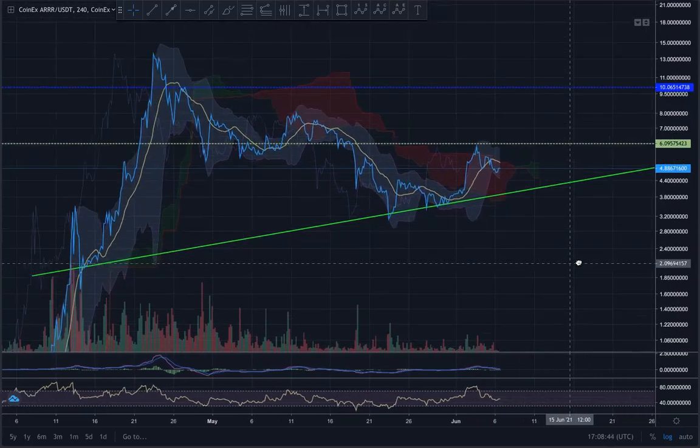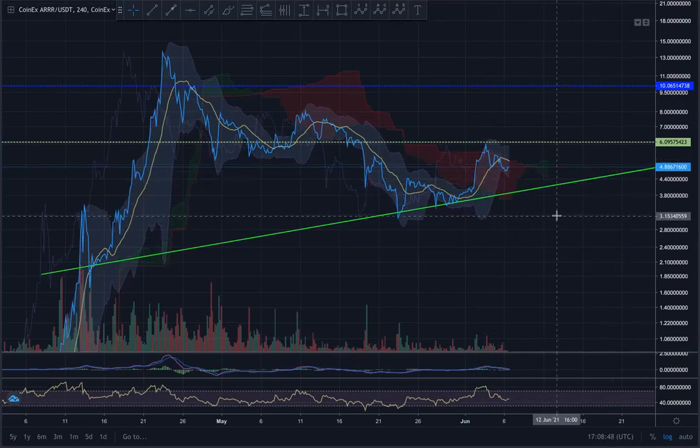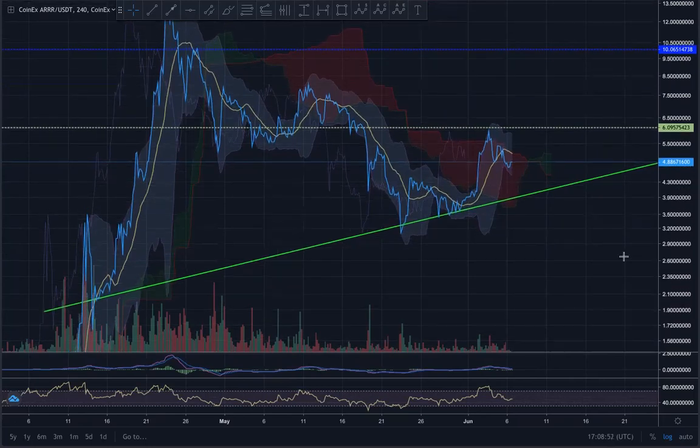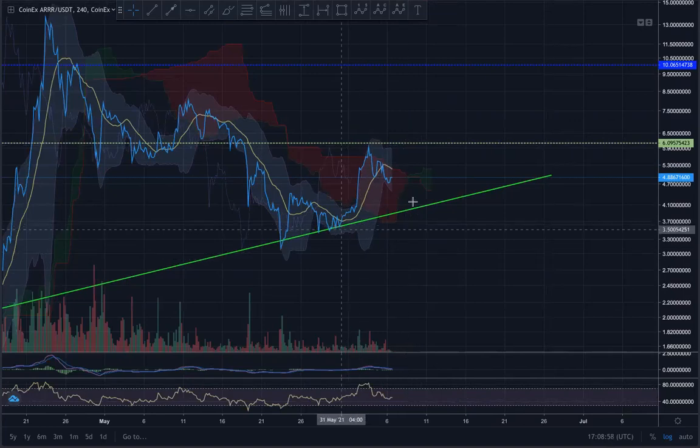So I've kept a few lines in here, and I've remained this Ichimoku cloud. What was interesting for me, the reason I kept the green uptrending support-ish line, also known sometimes as a demand line, is that I see that it will confluence up here with this heavy resistance line here at the $6 level, let's say, for our USDT.